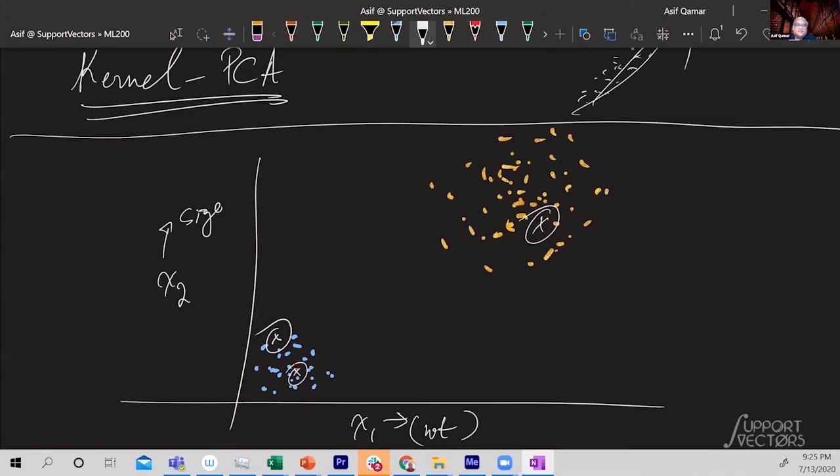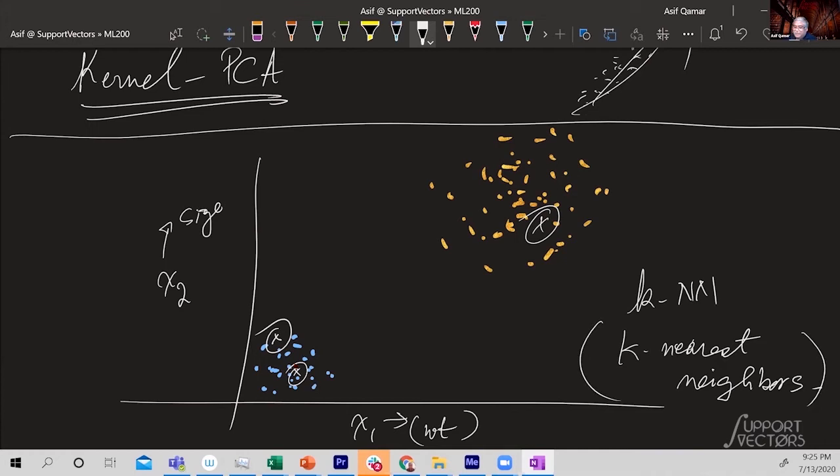Intuition says that it must be a cow because things similar to it are cows, the neighboring points in the feature space. That is the intuition behind K nearest neighbor. But then I also pointed out that this has a limitation.